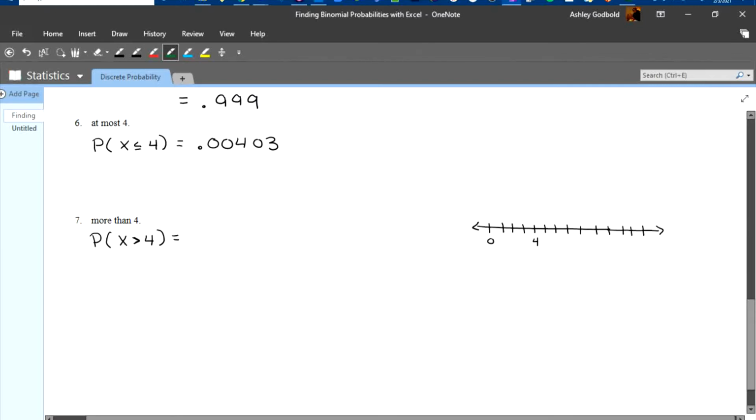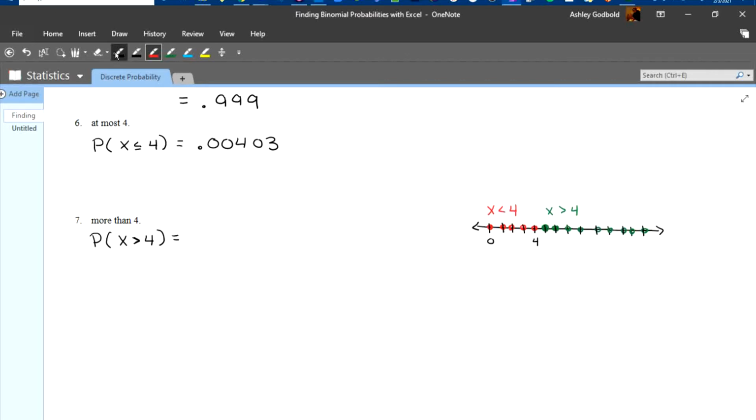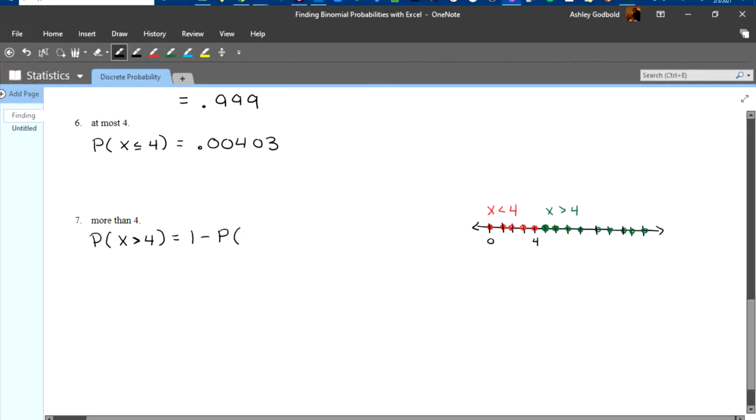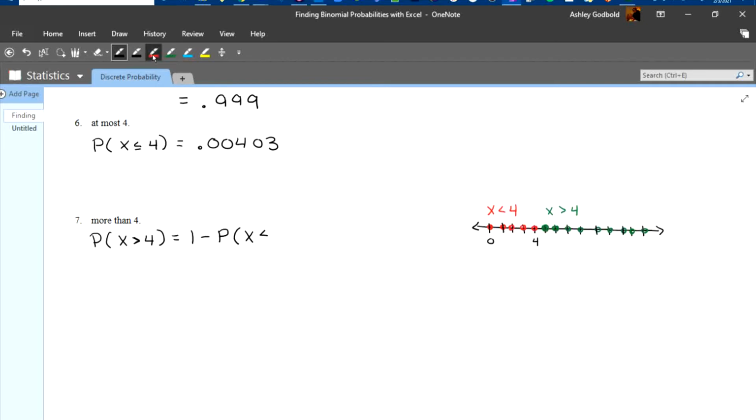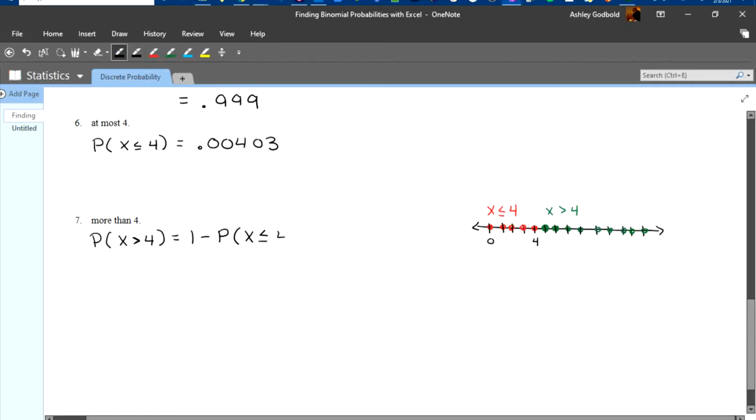So if x is greater than 4, it starts at 5. Therefore, the complement would be this over here, which is x less than or equal to 4. So 1 minus the probability that x is less than or equal to 4. Okay, and we found that in the previous example.